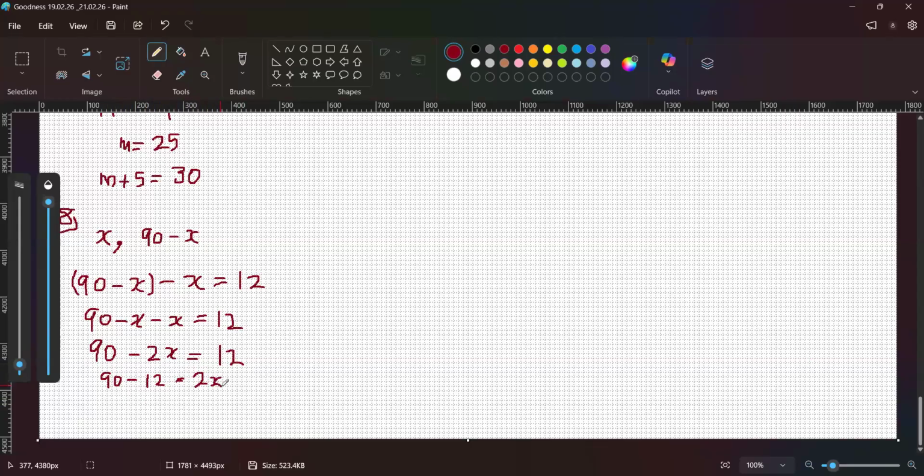All right. So 90 minus 12 is what? 10 minus 2 is 8, and 8 minus 1 is 7. So 78 equals 2x. So we're going to do what? We'll divide both sides by 2, right?